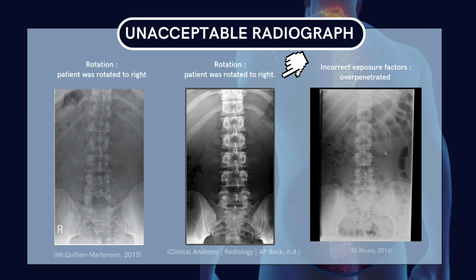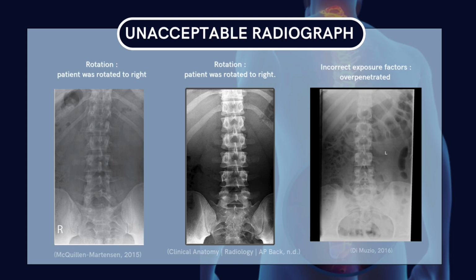For the next radiograph, it has similar incorrect positioning to the first radiograph, meaning the right side is closer to the IR, thus indicating the patient was rotated to the right. For the last radiograph, we can see that it has incorrect exposure factors.